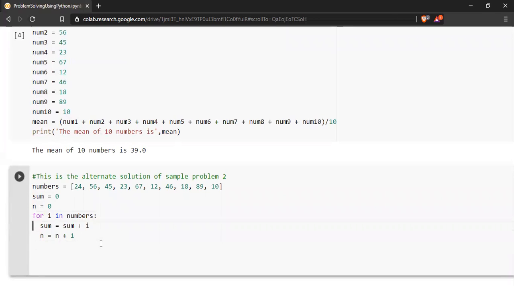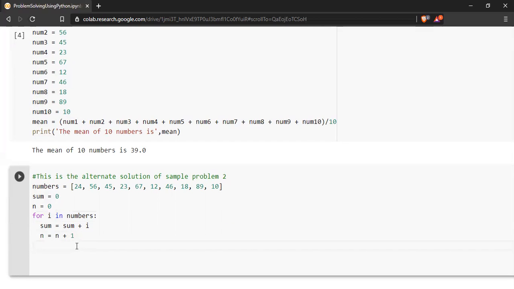Take note of the indentation for looping. We will discuss that later on. Okay, now after running this block of code, it will store all the values of the numbers to i, and it will sum up all the numbers, and this n equals n plus 1 is actually a counter that will count the number of numbers, or the number of terms.